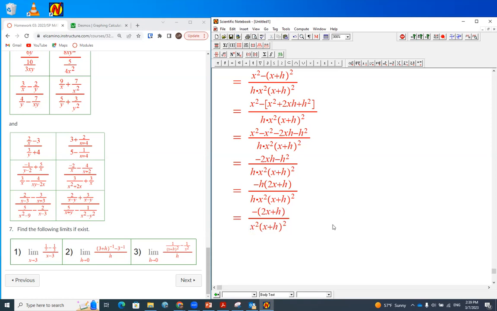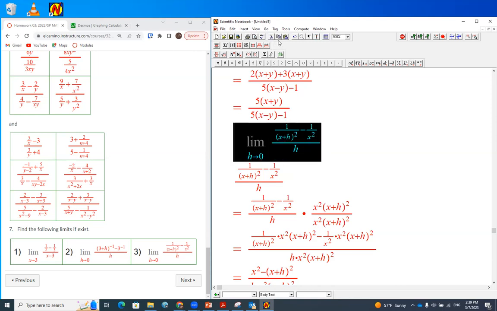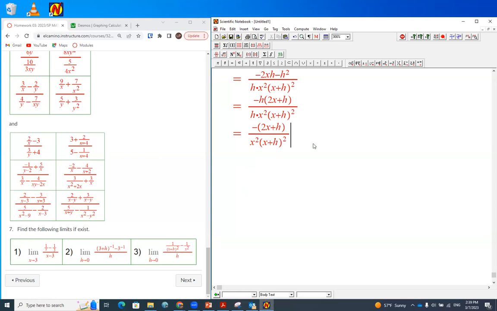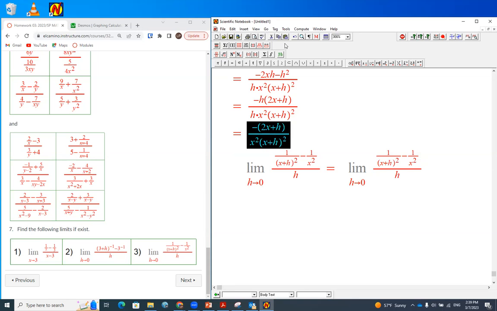Now what situation do we have? When h is approaching 0, we're not going to have a 0 denominator. So the limit of that piece is going to be the same as the limit of this whole piece that has been reduced to this point, so we're going to replace it.